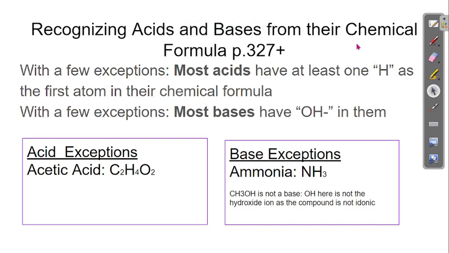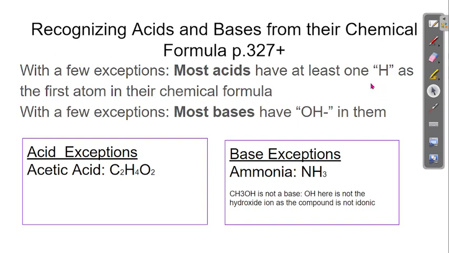Recognizing acids and bases from their chemical formulas, page 327. With a few exceptions, most acids have at least one hydrogen as the first atom in their chemical formulas, but not always. Usually, but not always.